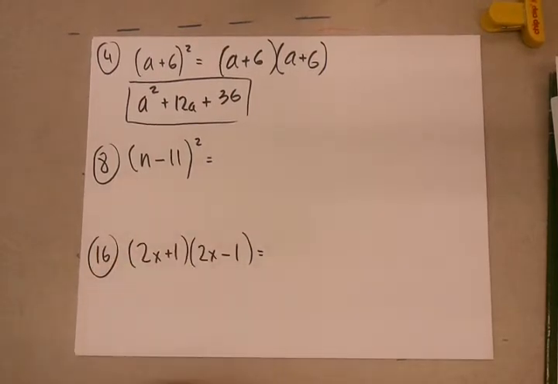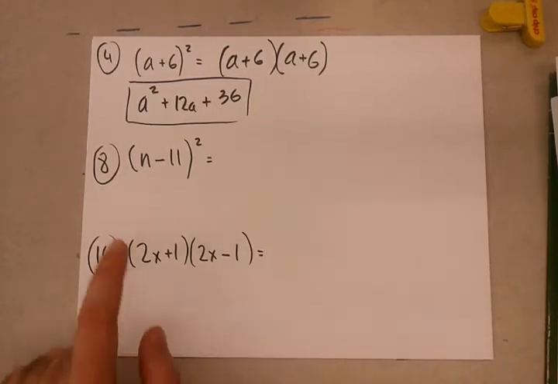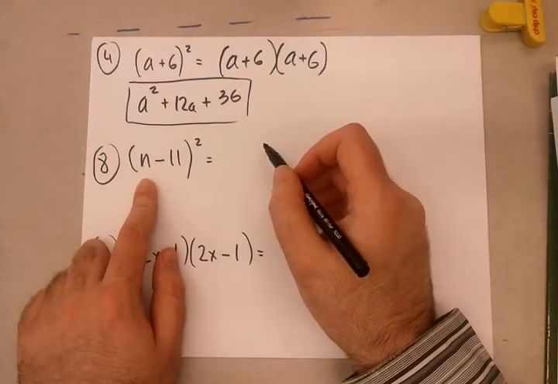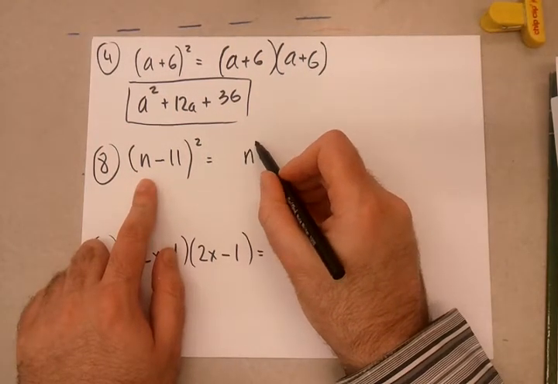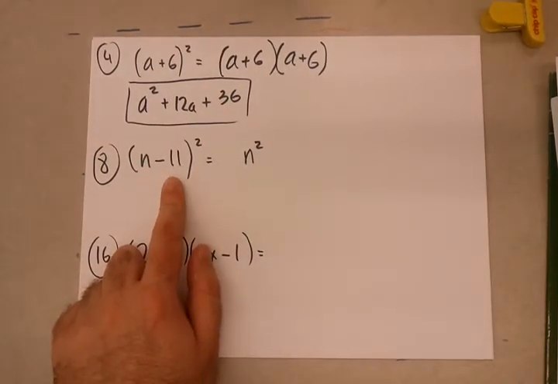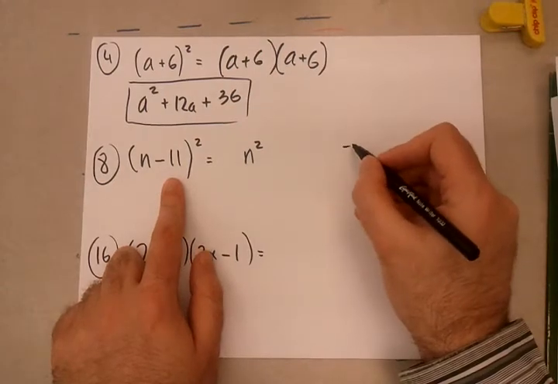So same thing here. I'm just going to use a shortcut method. The shortcut method again says first square the first term, so I'm going to square the n. I'm going to get an n squared out of that. Then square the second term. The second term is a negative 11, and the negative 11 to the second power is going to be, you know what, let me write it down like this.